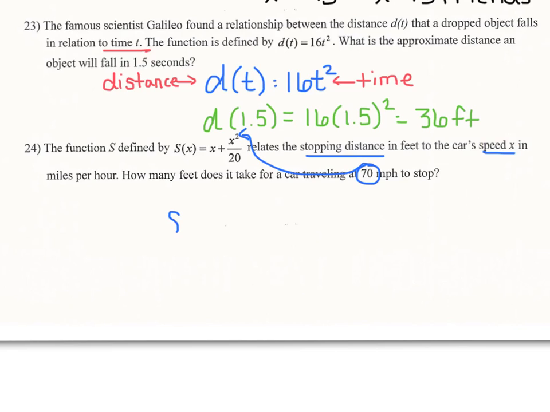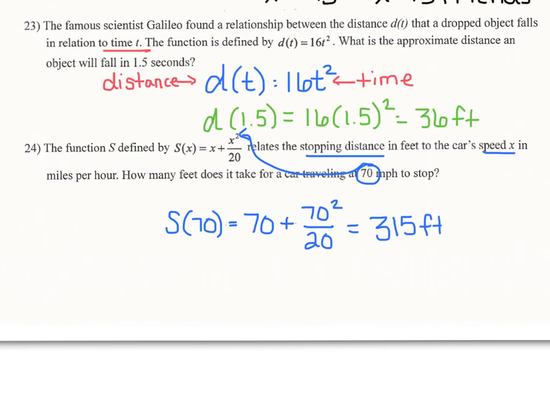So I'm going to say s of 70, because I'm plugging 70 in for x, equals 70 plus 70 squared over 20. And it's just a matter of calculating that. Okay, I come out with 315, and again that's in feet, so 315 feet on that one.